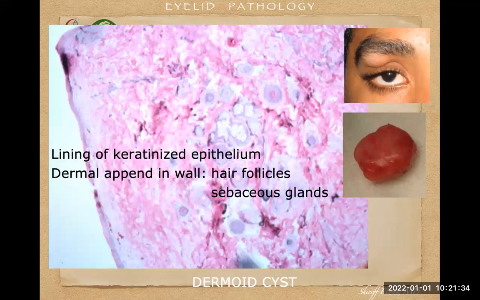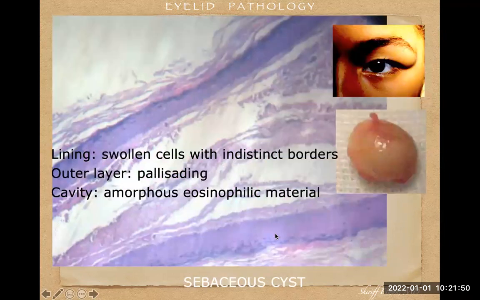Now we come to a dermoid cyst, and we describe dermoid cysts in the orbit, and these are formed of lining of keratinized epithelium with dermal appendages in the walls like hair follicles and sebaceous glands. A sebaceous cyst is a cyst in one of the sebaceous glands of the hair follicles.